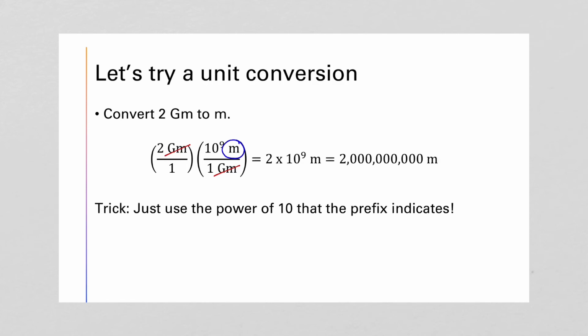When you're doing unit conversions with just the same core unit, and you're not transferring from, say, gigameters to maybe kilometers, that's a different process. But when you just have a prefix to no prefix, you can just utilize the prefix and the power of 10 and just say it's 2 times 10 to the 9th.